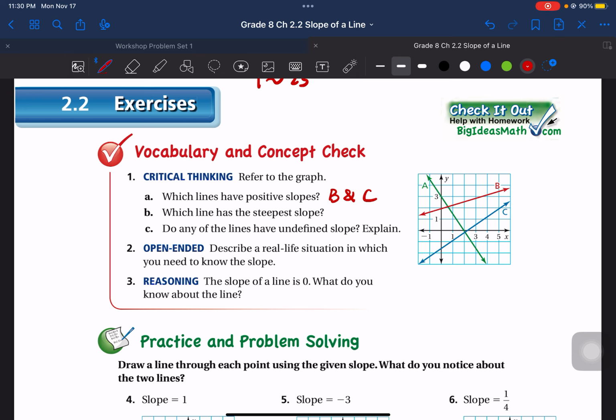Which means the steeper a line is, the bigger the slope is. We can also use any 2 points to find the slope, because we know the bigger the slope is, the steeper the line is, right?